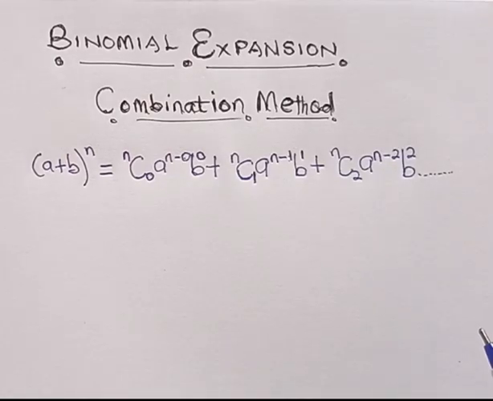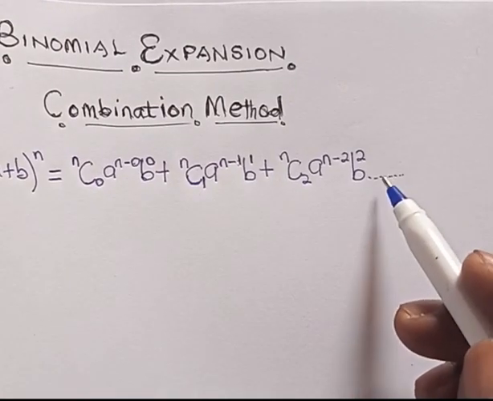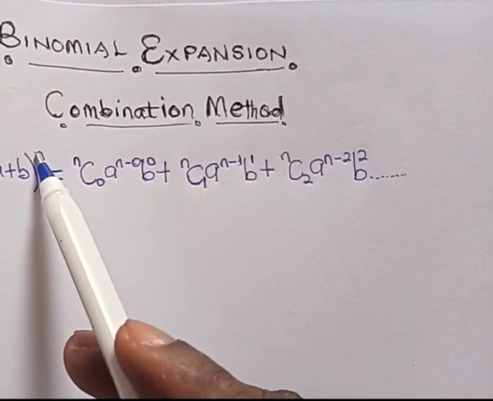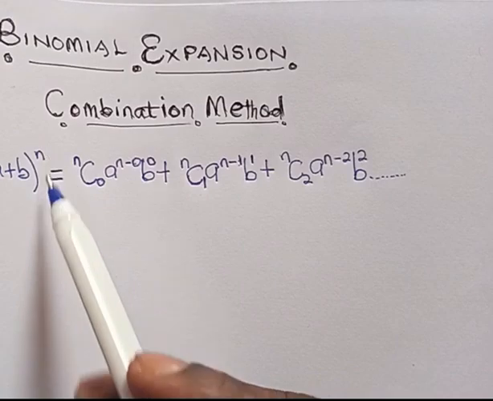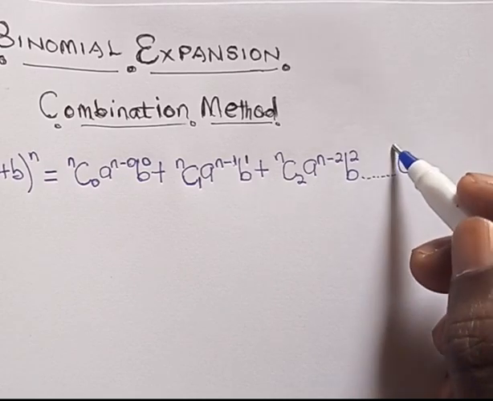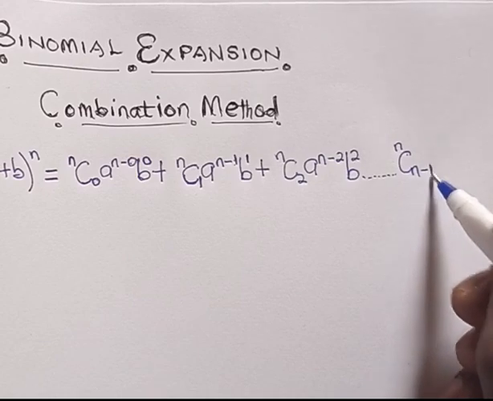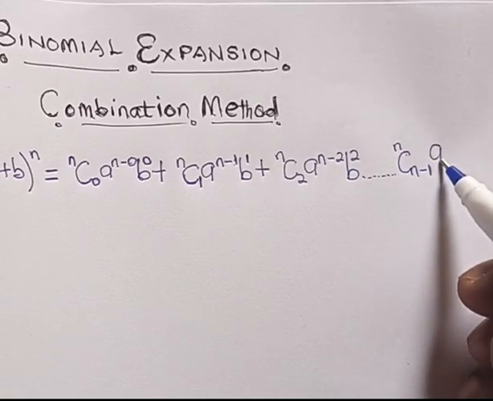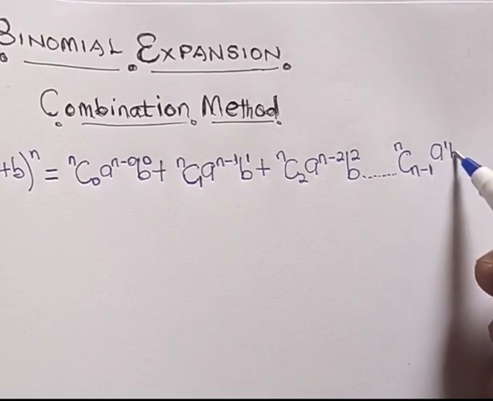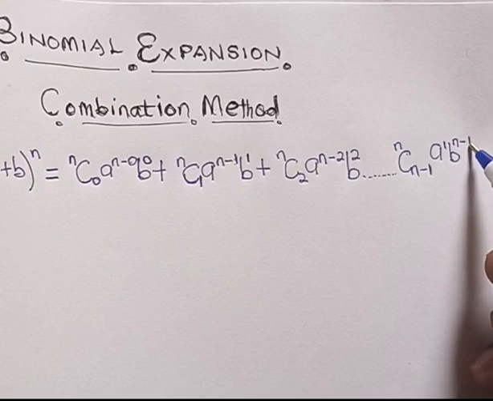So let's write the nth term and the last term, because we can't tell the number or the exponent that will be given in the question. So we are looking at this nth term, and we can write here n combination n minus 1, then a exponent 1, and b exponent n minus 1.